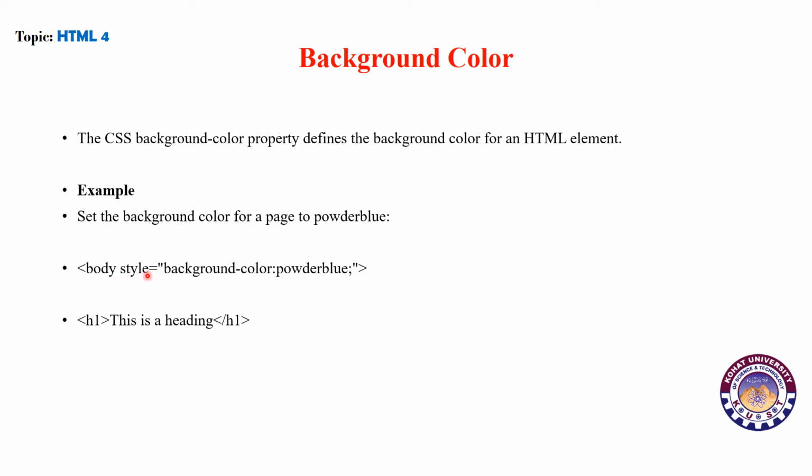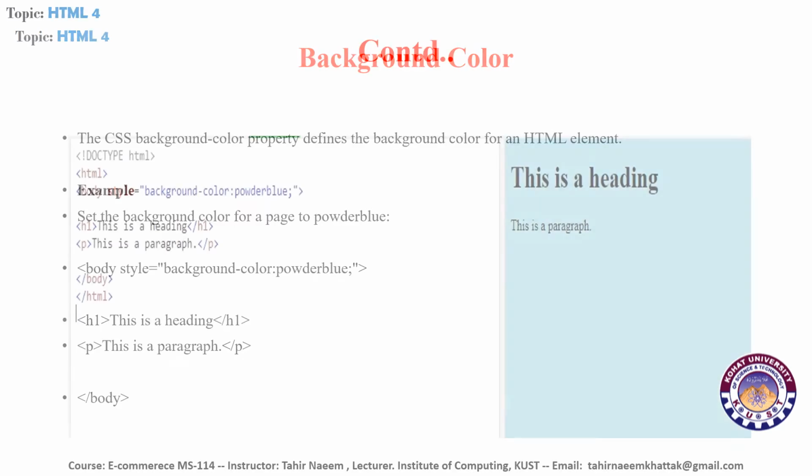Body style equals, as I mentioned in the previous lecture, double quotes, background-color, and here I have inserted the value, which is powder blue, and here I have closed it. So this is the heading one, this is normal, and this is also normal. So in the whole body this powder blue.